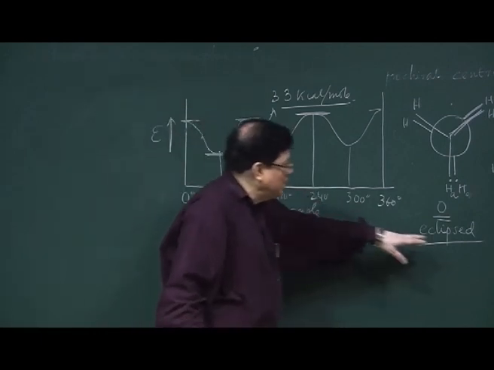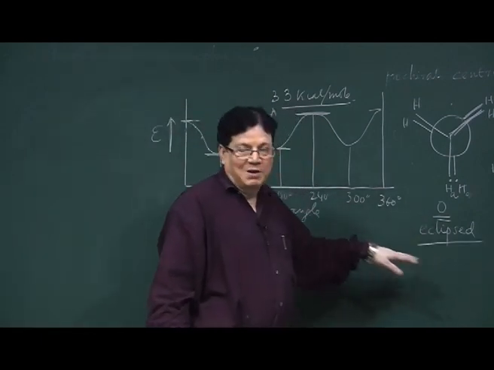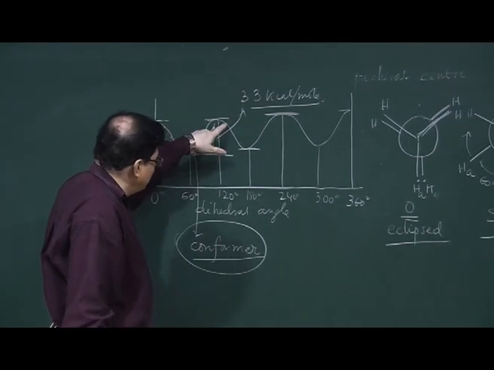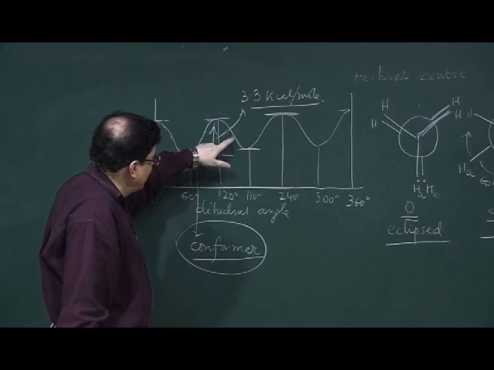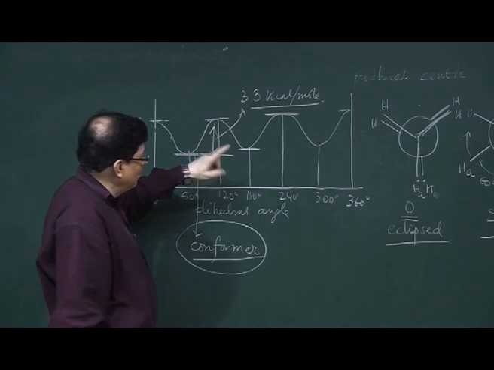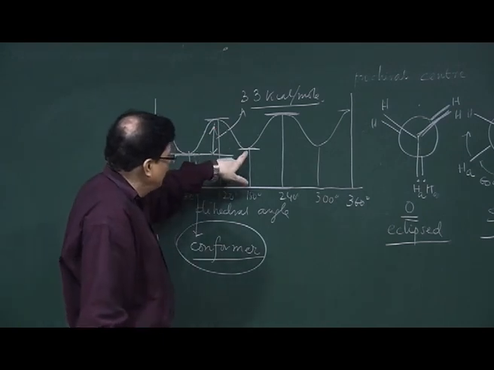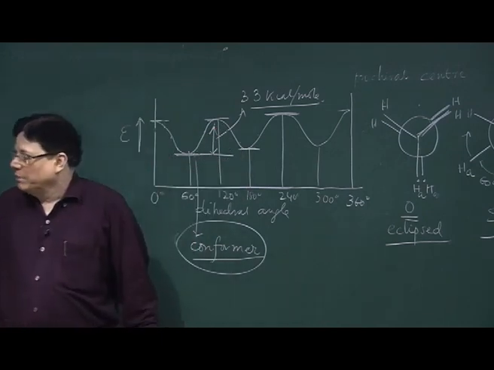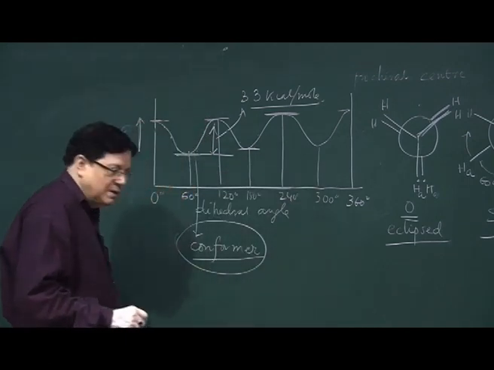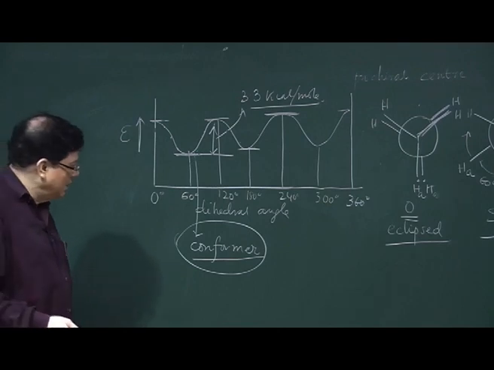So, the eclipsed form is not a conformer because it lies in the maximum, nor the ones which lie in these dots here, they are not conformers. The conformer is only the ones which are lying in the energy minima. So, you must understand the difference between conformations and conformer.